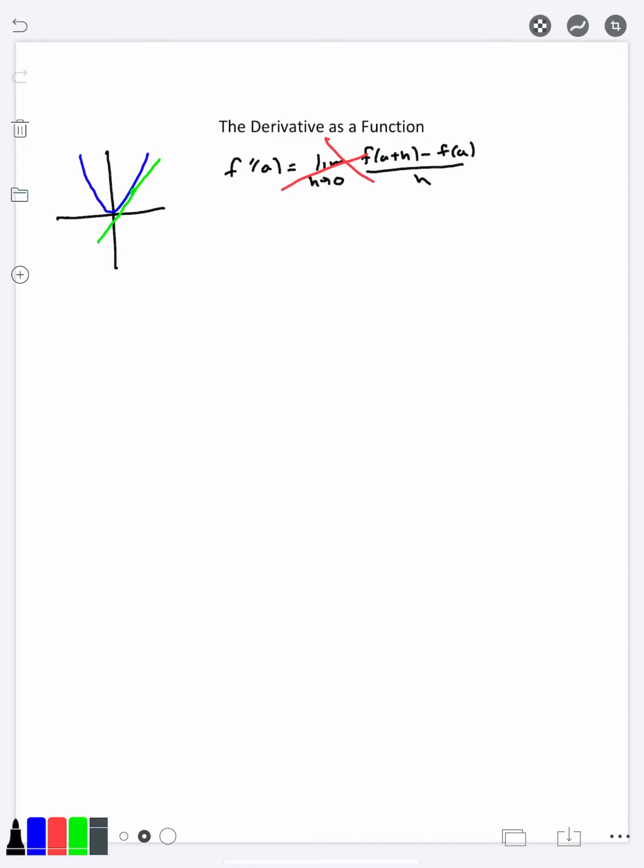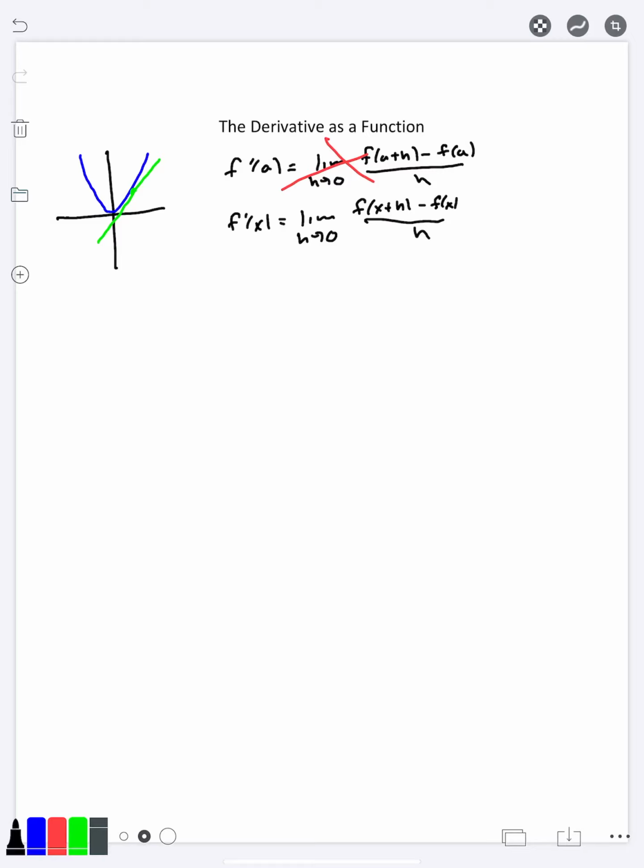So f prime of x is the limit as h goes to 0 of f of x plus h minus f of x, over h. And this is what we're going to use to find the derivative of any function we are given.